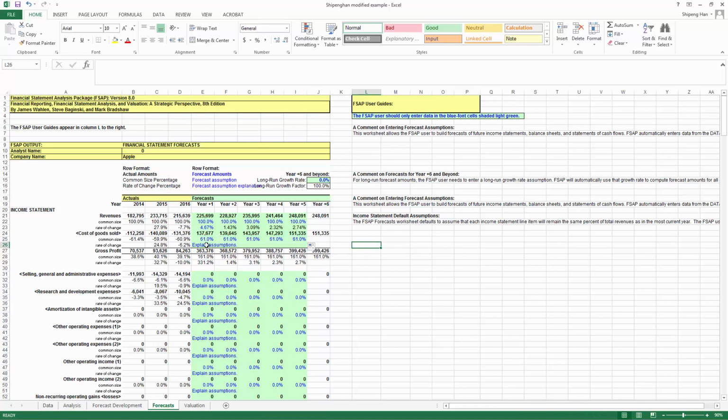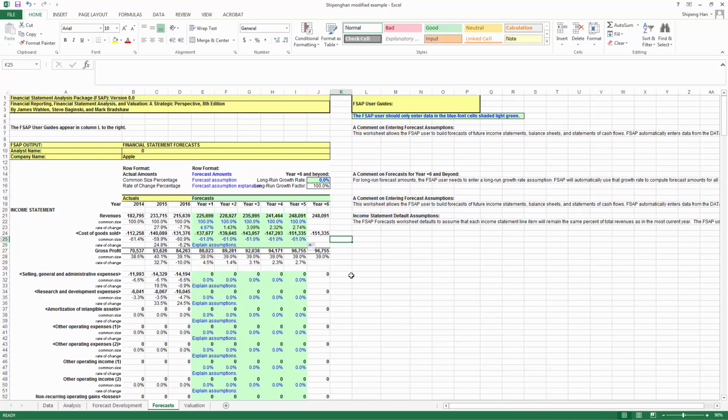Okay, so here we apply the common size analysis. The cost of goods sold is actually a product of revenue and the percentage of revenue. But here we should be careful. We need to use a negative sign for each item. Otherwise, the cost of goods sold will be added up to the revenue. But we should deduct cost of goods sold from revenue, right?